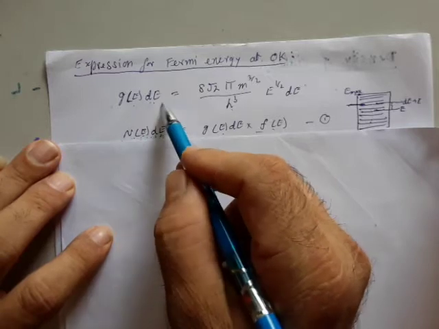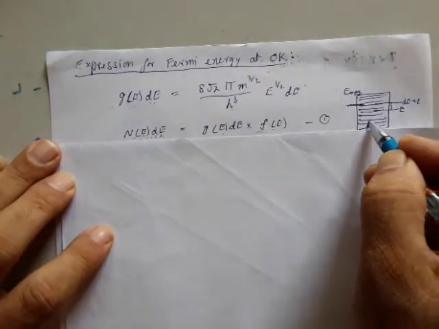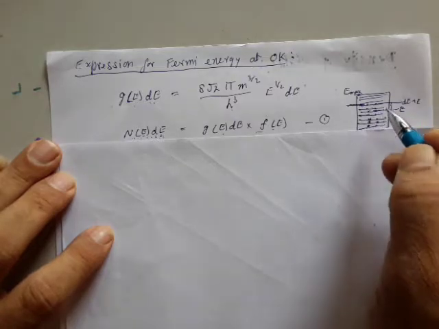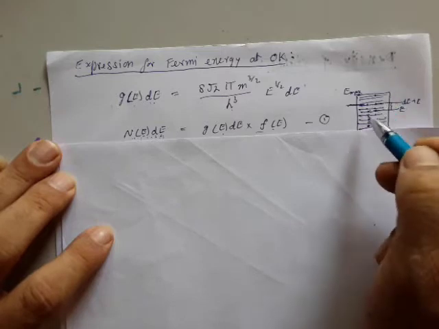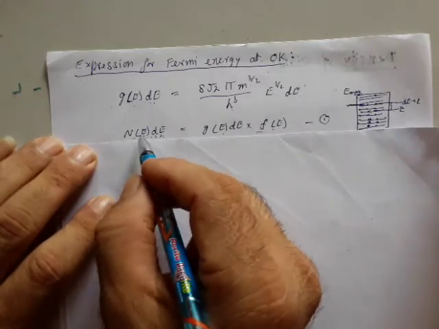Now in each energy level, according to Pauli's exclusion principle, there are 2 electrons going to be present. But all the energy levels are not occupied at any given temperature. Certain energy levels are occupied, but not all of them are going to have 2 electrons. Therefore, the question is how many electrons are present?